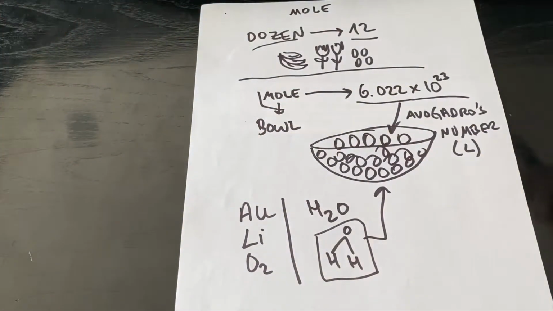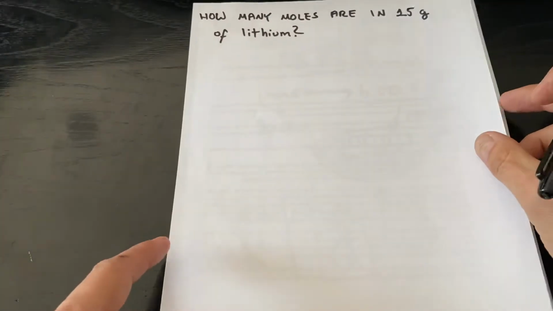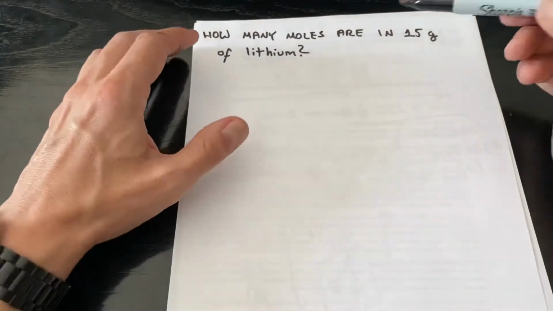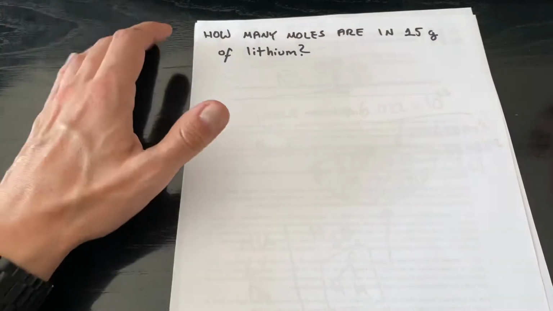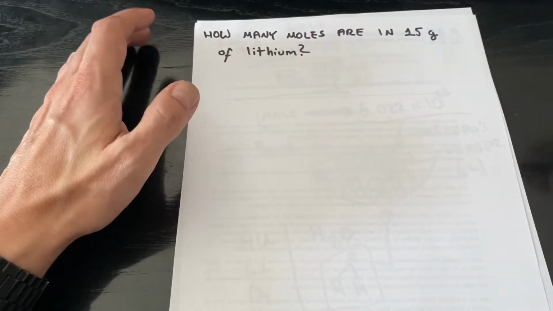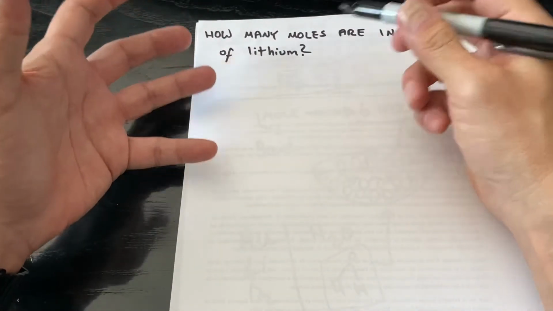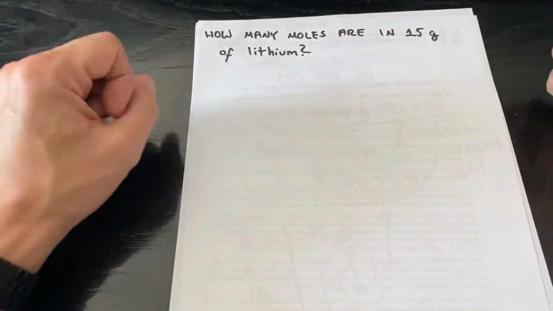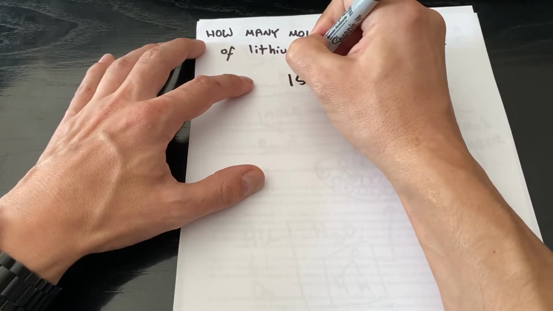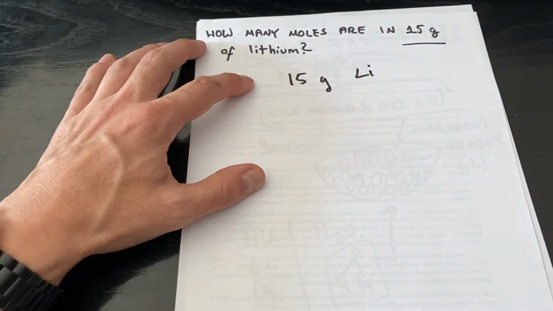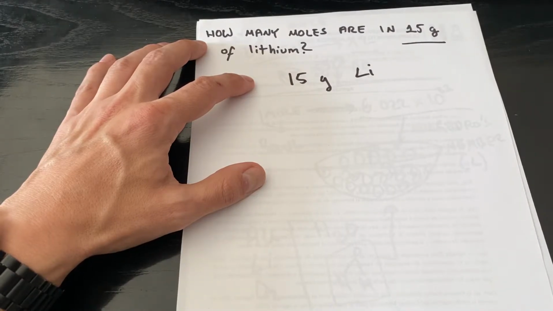So, for instance, if they ask you how many moles are in 15 grams of lithium, you're missing some information. You need to find out how many moles you have, or basically how many of these bowls you can fill up, based on whatever they're giving you. So you have 15 grams of lithium, but what I need to calculate is how many moles this corresponds to.